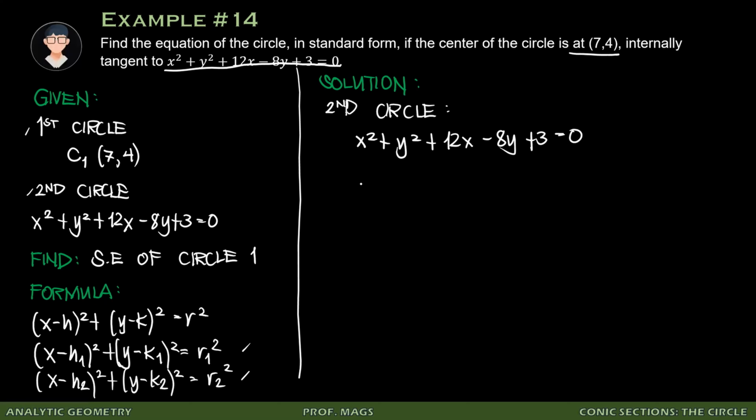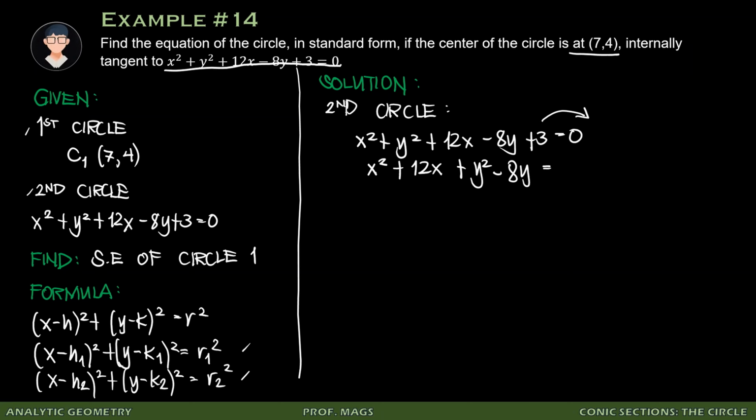Now what you're going to do, pagsamahin mo yung x squared and the 12x, lahat ng may variable na x. Then pagsamahin mo naman yung may variable na y, that is y squared and 8y, di ba? Then yung constant na positive 3, lipat mo sa right side of the equation.